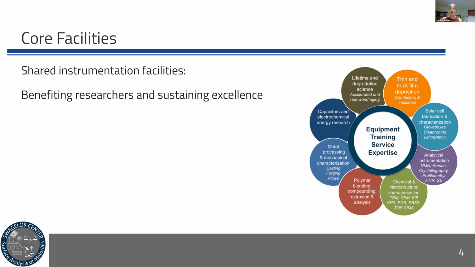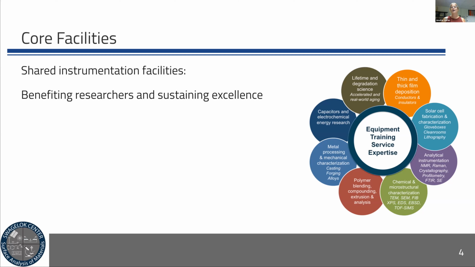They provide equipment and training. We can also do some work for service and for hire, for researchers that need work done very quickly, say for a DARPA program or even industrial collaborators, as well as providing expertise for student researchers to come in and ask questions about techniques and different analysis.